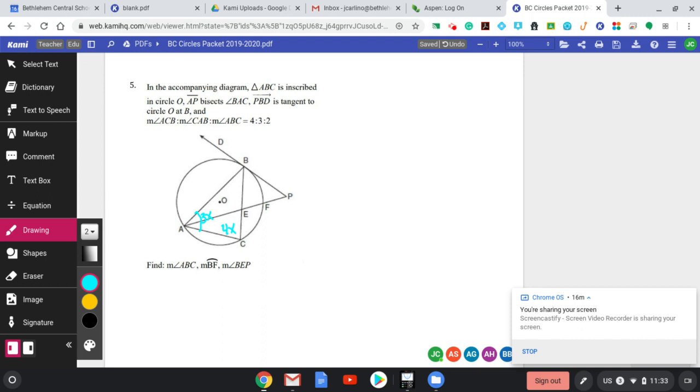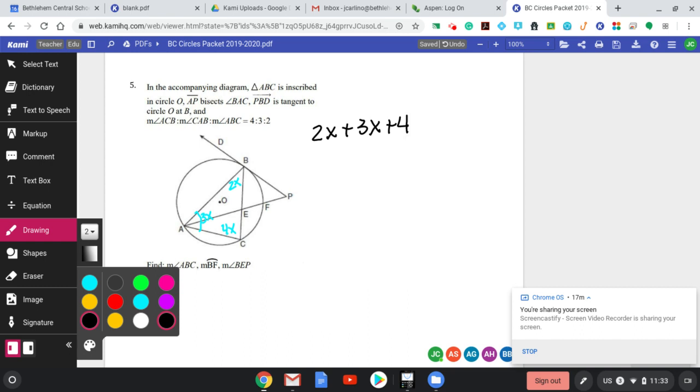And ABC is 2x. Is there anything I can do with those three angles? Yep. We can add them up and set them equal to 180 because there are three angles in a triangle. So that gives me 9x equals 180.